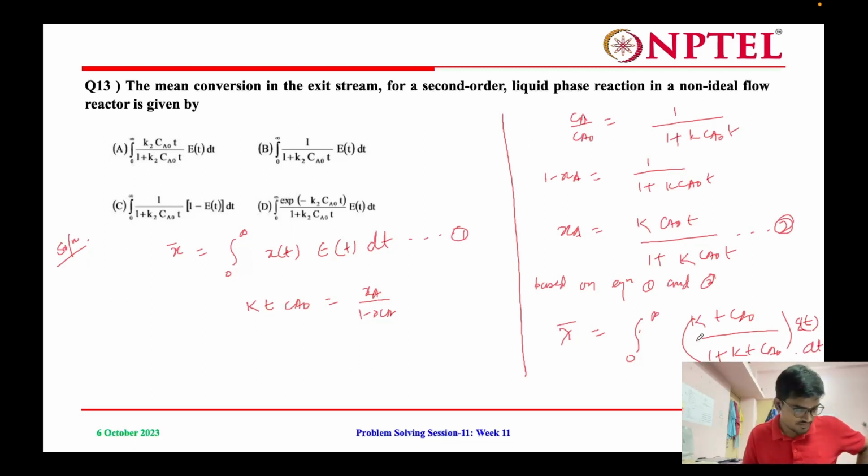Now check the options. Option A is correct. Here it is mentioned second order, so you can write K2.